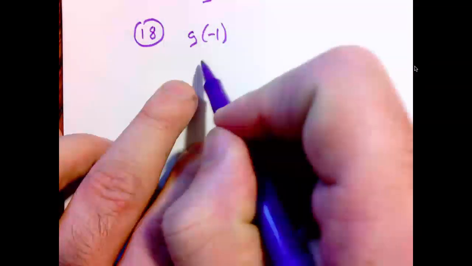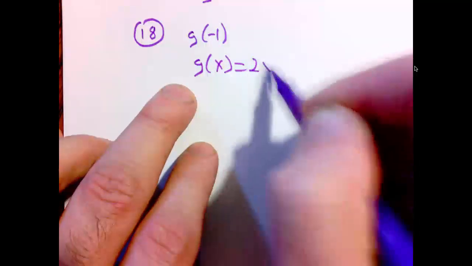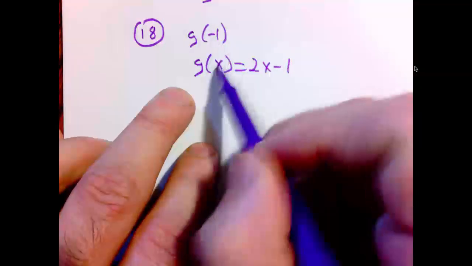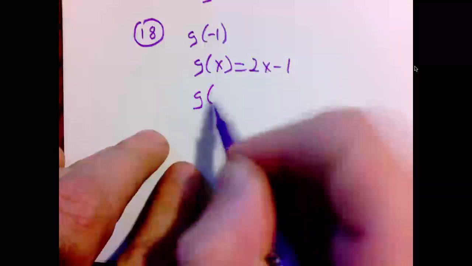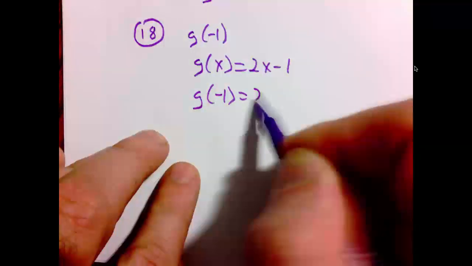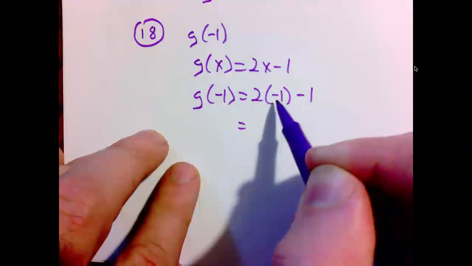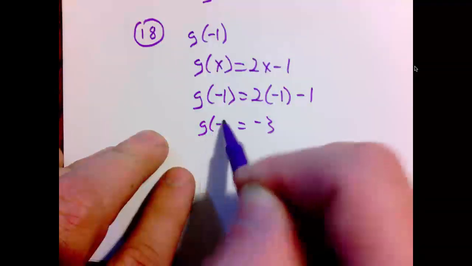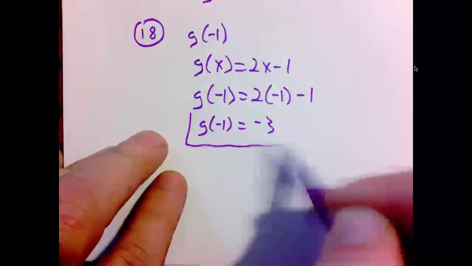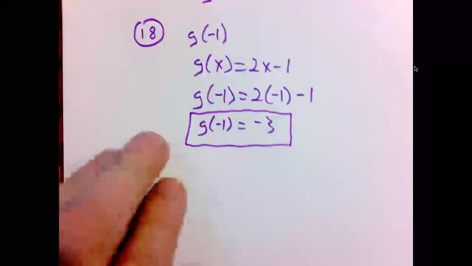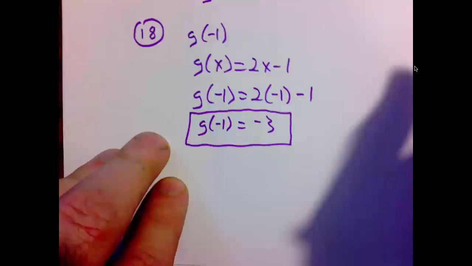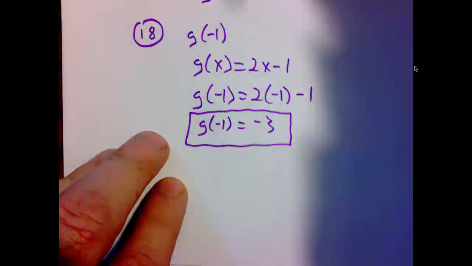Again, I'm going to substitute into my g function, which was g of x equals 2x minus 1. I'm simply changing both of these x's to negative 1. G of negative 1 is 2 times negative 1, subtract 1. Well, 2 times negative 1 is negative 2, minus 1 is negative 3. We say that g of negative 1 is equal to negative 3. Alright, that's 18. Now let's look at problem number 26.